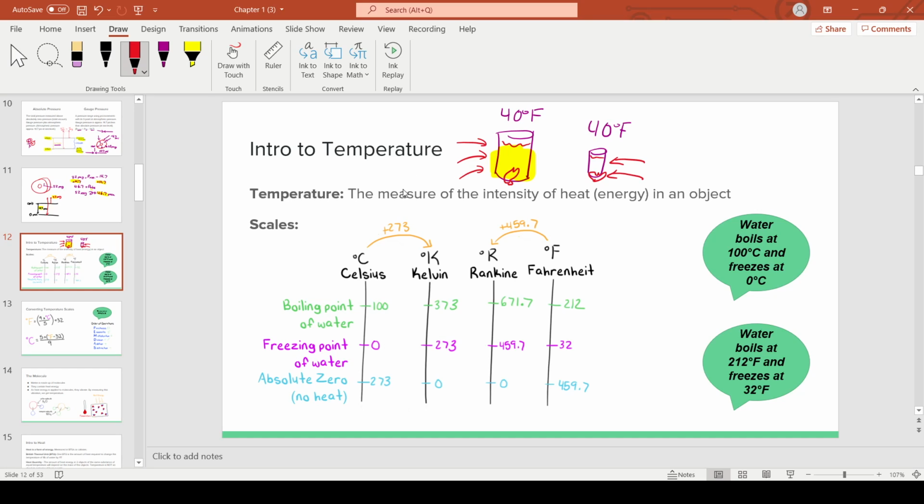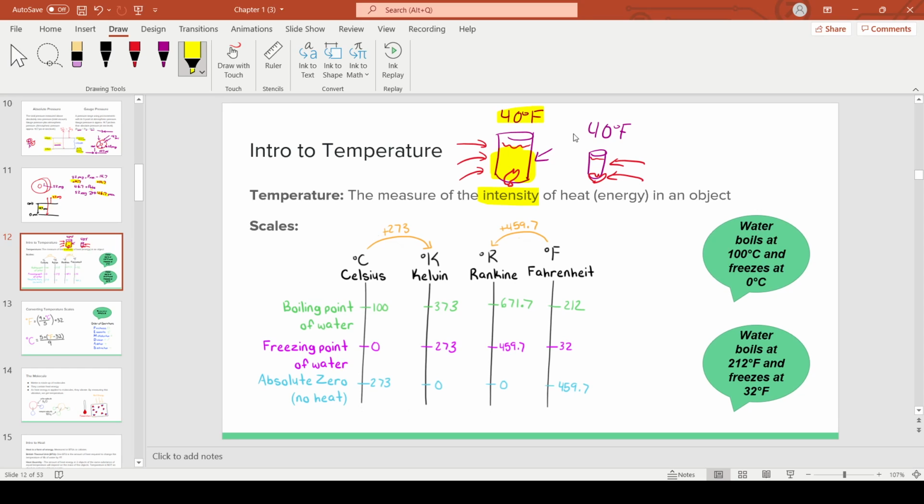So heat doesn't necessarily correlate with temperature, because we know that this bigger one, even though they're at the same temperature, has more heat energy. But temperature just measures how intense that heat energy is, right? 40 degrees Fahrenheit, 40 degrees Fahrenheit.